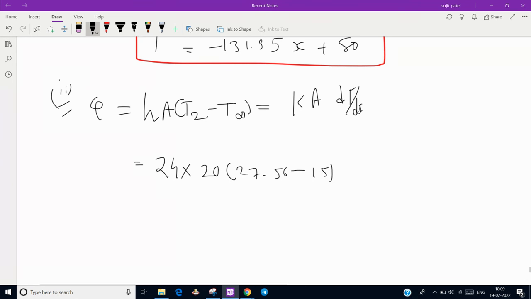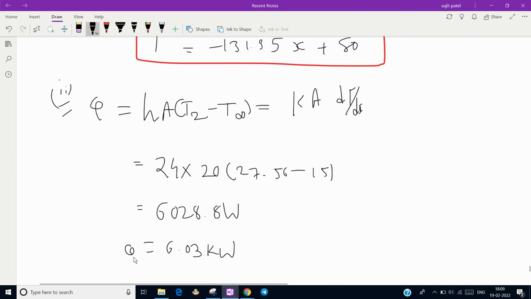When you solve this, you will get 6028.8 watt. If you want to write in kilowatt, it is 6.03 kilowatt.